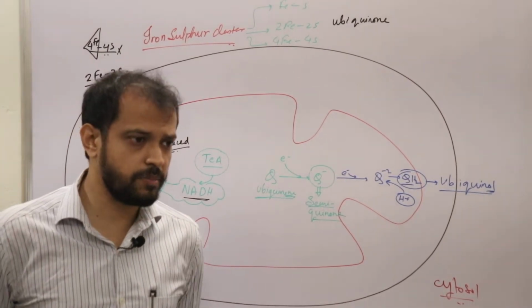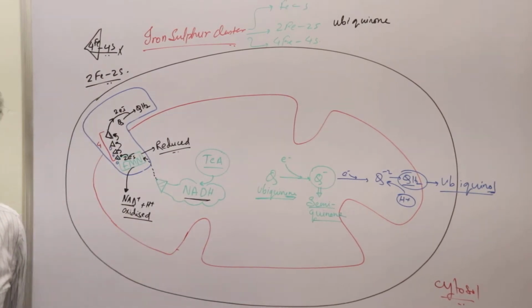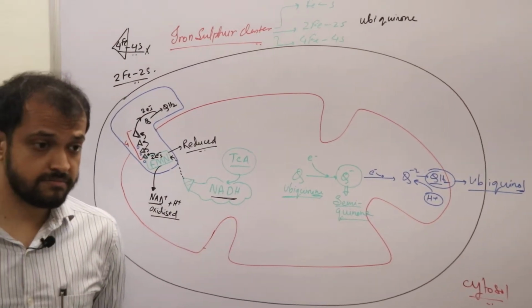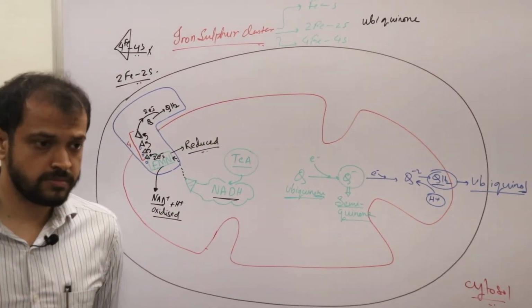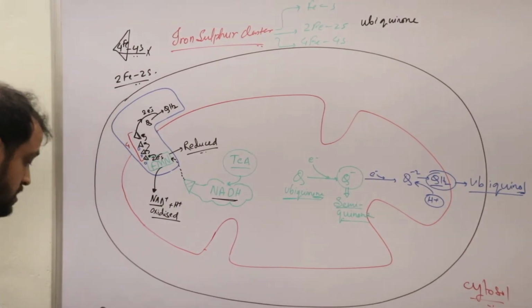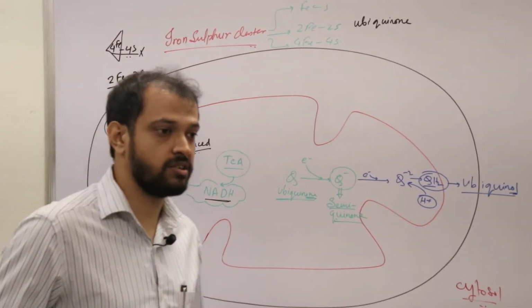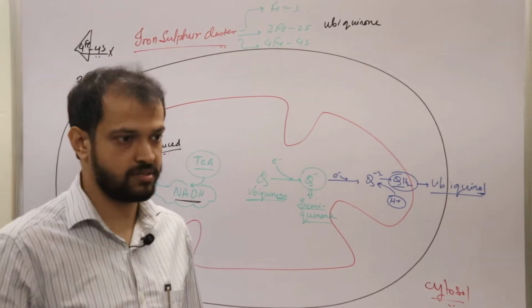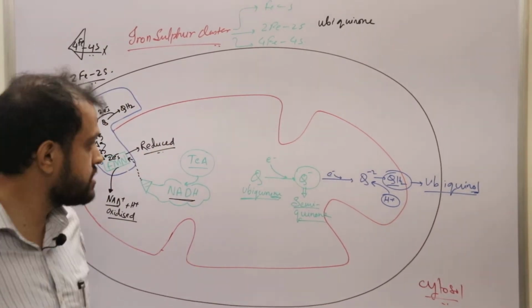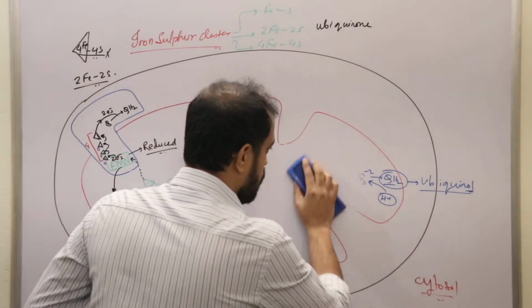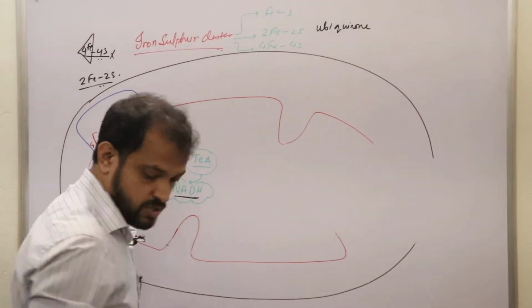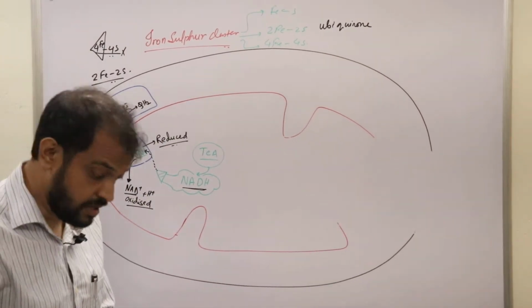Have you heard of the term barbiturates? Have you heard of the term amytal? Have you heard of the term rotenone? These three things you should remember when you are discussing complex 1 and its inhibitors.